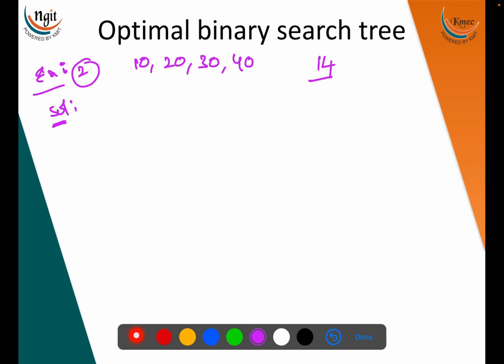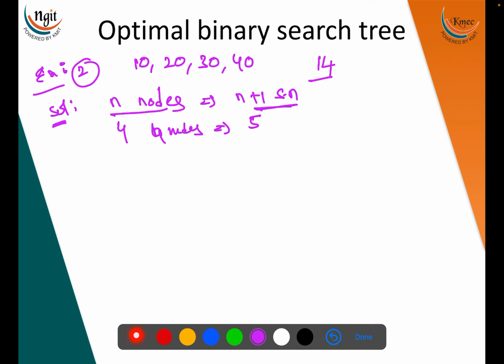Now if there are n nodes, there will be n plus 1 square nodes. That also we discussed, right? What is your n value? 4. So that means you will have only 4 nodes. So what is n plus 1 square nodes? The unsuccessful nodes will be 5.